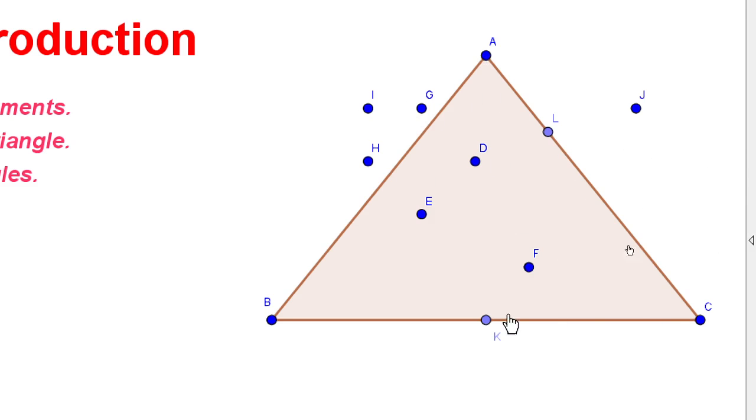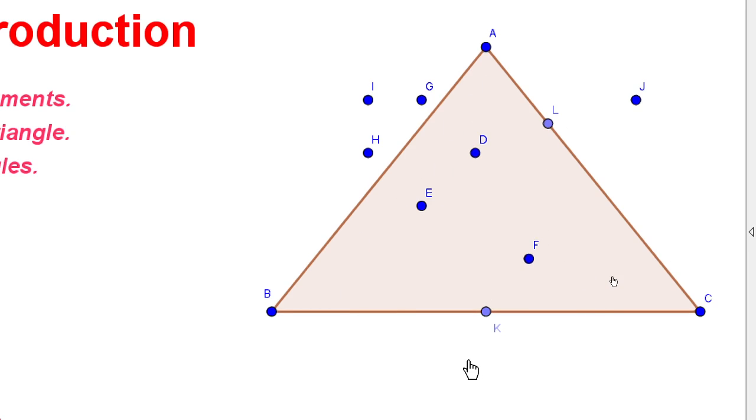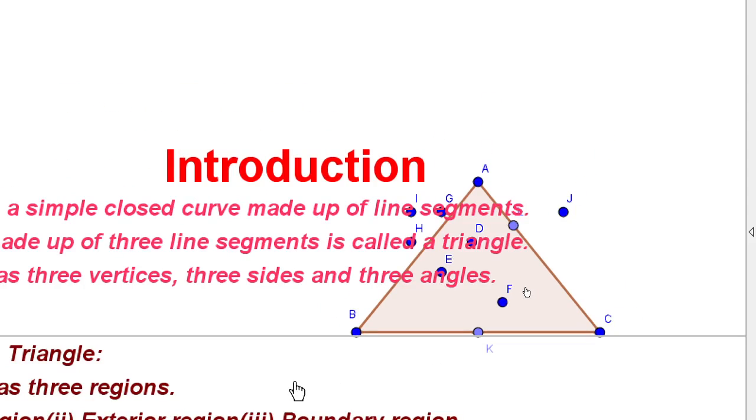the exterior region of the triangle is outside the triangle. The points which are existing outside are called exterior points. I, G, H, J are the exterior points which are existing in the exterior of the triangle, and the points which are on the triangle are called, what is that name here?